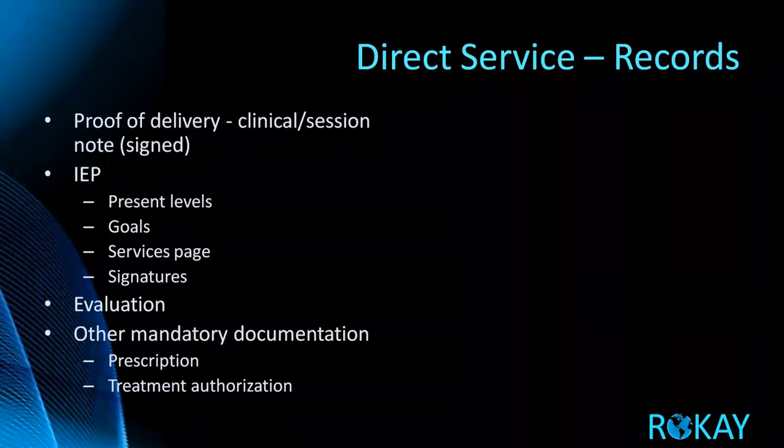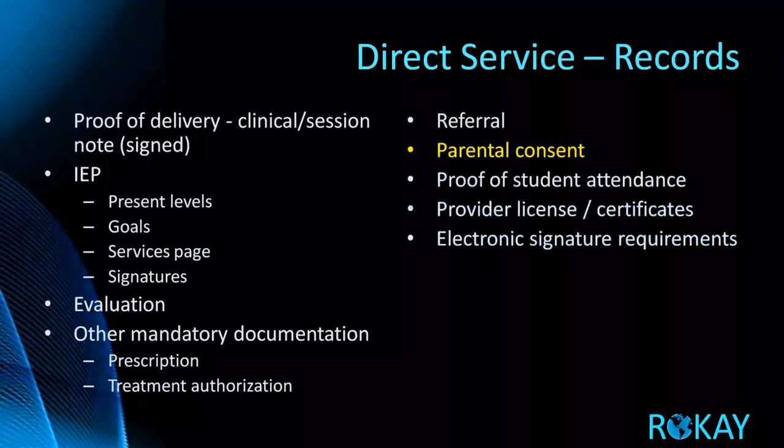Now, there are other records that you should have available. Not every auditor wants to see it every single time. Two of them that I'm going to note here. One is the proof of student attendance. When OIG reports audit findings from around the country, one of the number one findings they have year after year is that school districts could not prove that the student was in school the day the service was provided.